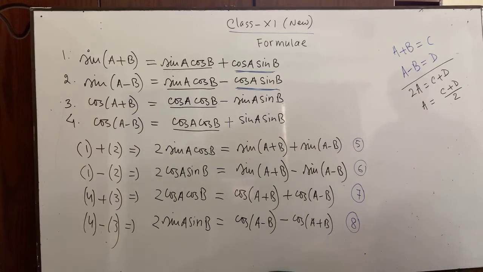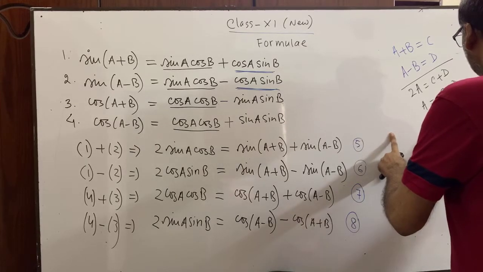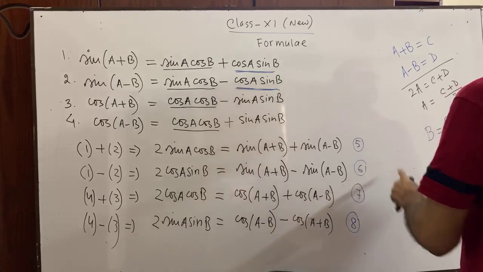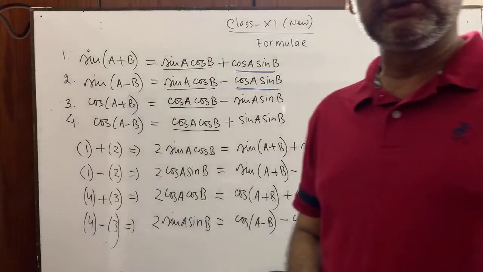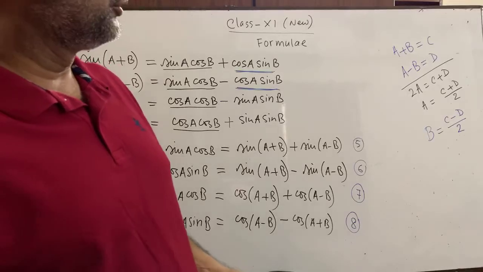And similarly, we will get B is equal to C minus D by 2. A is equal to C plus D by 2 and B is equal to C minus D by 2.